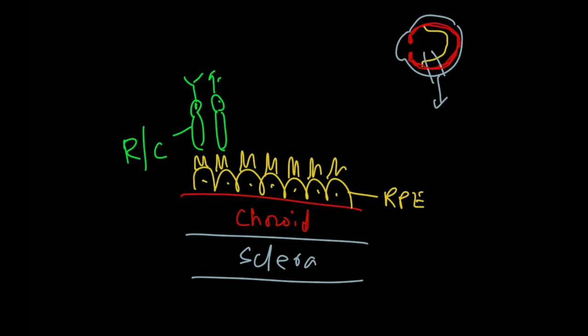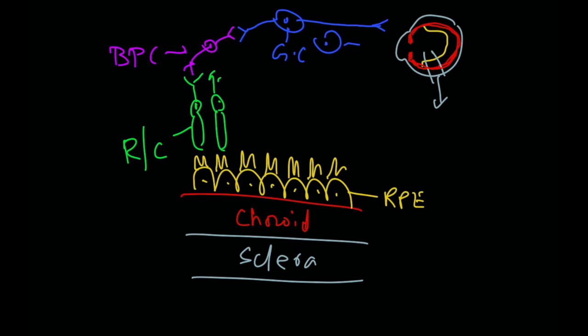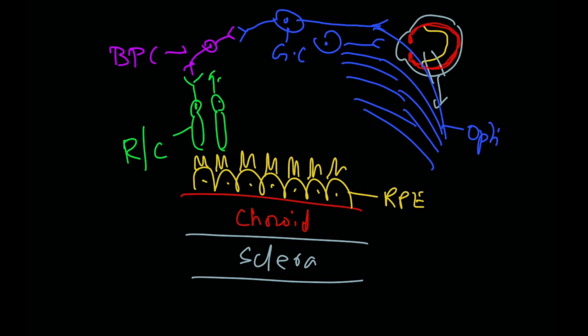Now, connecting to these rods and cones is going to be a cell called the bipolar cell. And connecting to these bipolar cells is going to be the ganglion cell. And the axons of these ganglion cells, like this, all of them form the optic nerve.